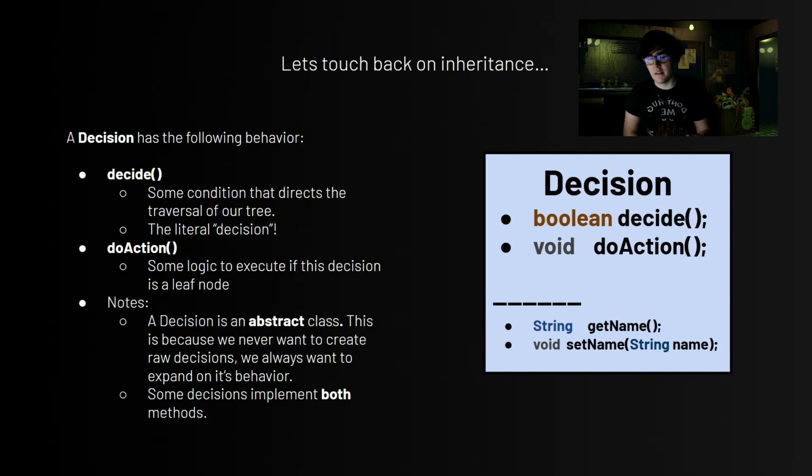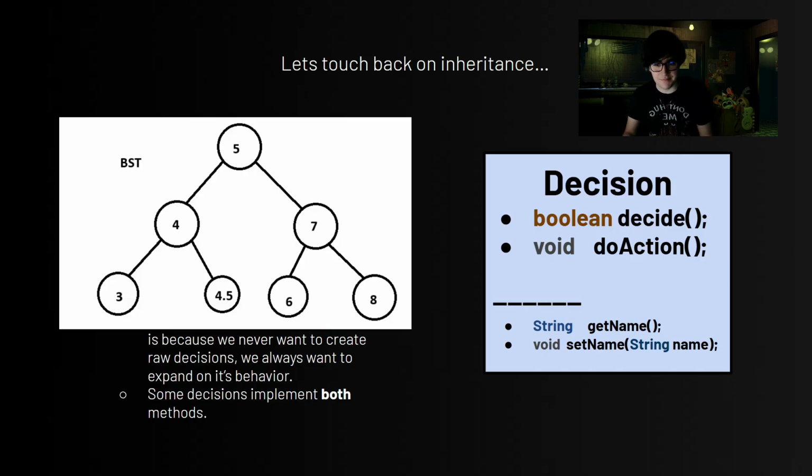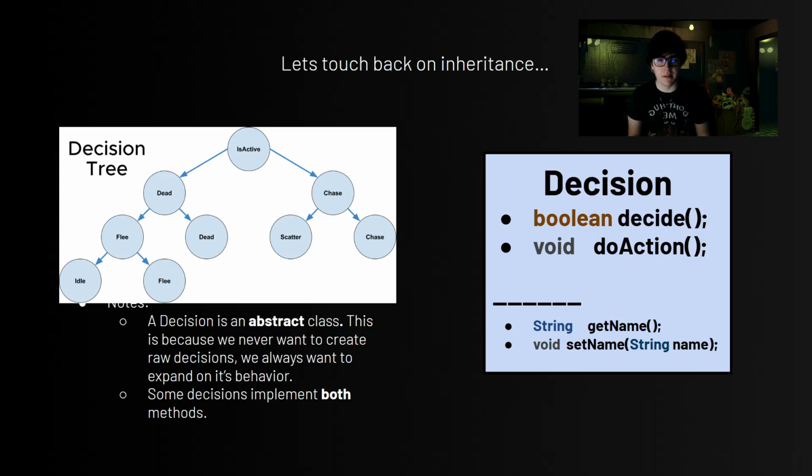If we were looking for a value 4 and we were currently at 5, we would want to travel left, because if it's a BST, it's guaranteed that the value of our left subtree is going to be less than 5. Left is always less than our current value. That's different here. In a decision tree, we're going to be deciding left and right based on what the current node's boolean decide method returns to us. True means right, false means left.